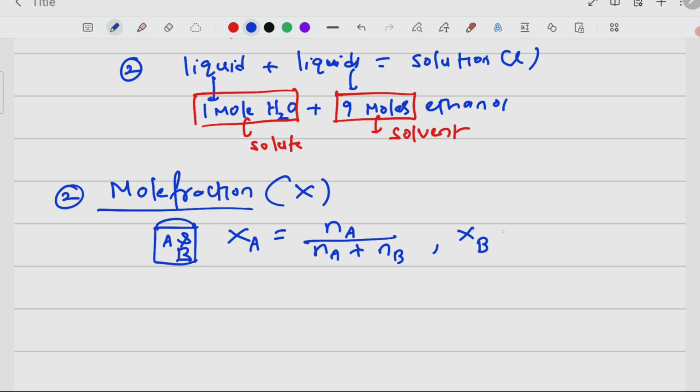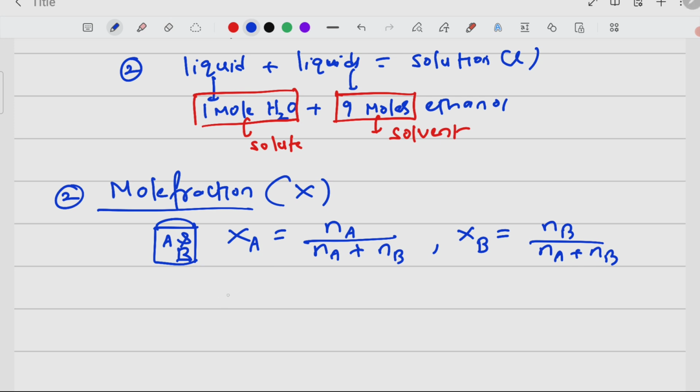Similarly, if you want to find the mole fraction of B, it is the number of moles of B by the number of moles of A plus B. So overall what we are doing here is number of moles of a particular component by total moles, which is equal to the mole fraction of the respective component.